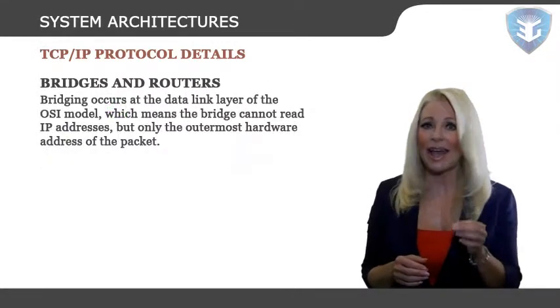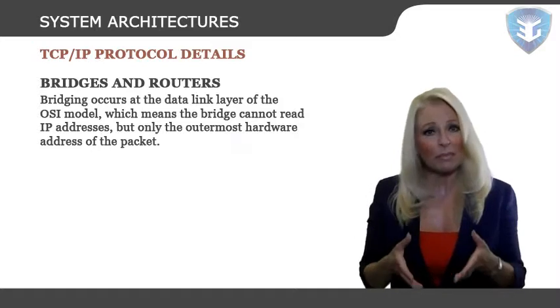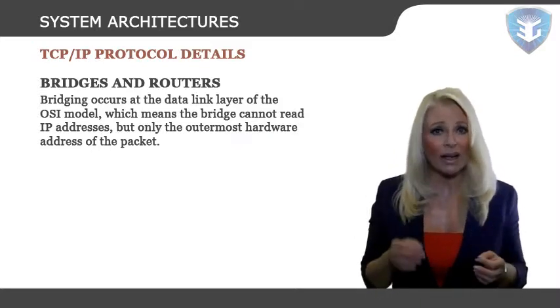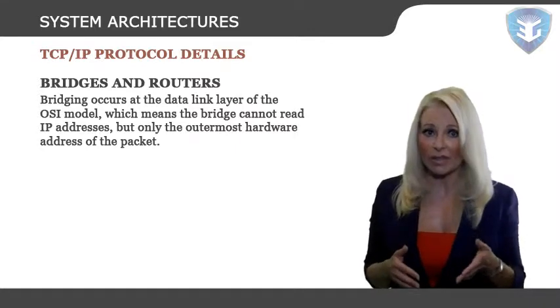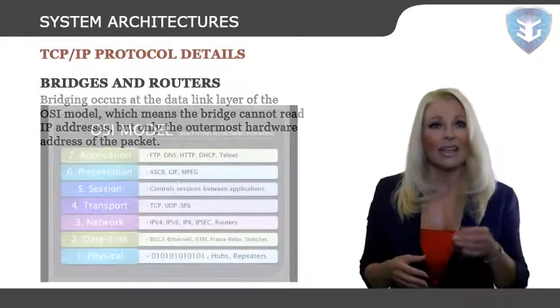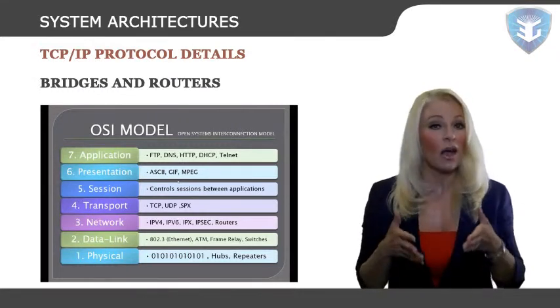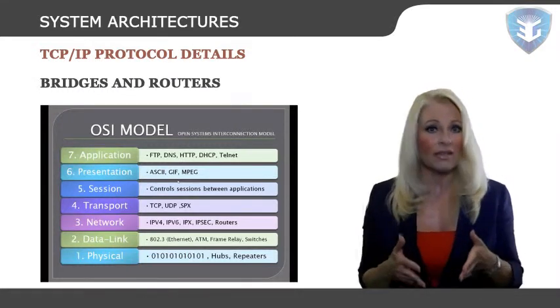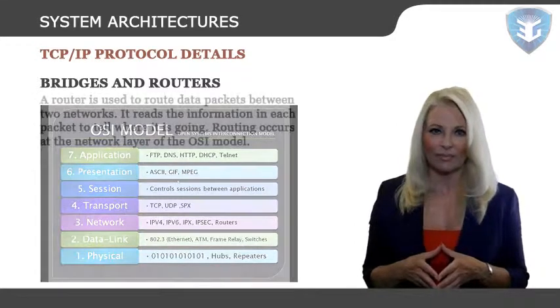Bridging occurs at the data link layer of the OSI model, which means the bridge cannot read IP addresses, but only the outermost hardware address of the packet. The bridge can read the Ethernet data, which gives the hardware address of the destination address, not the IP address.